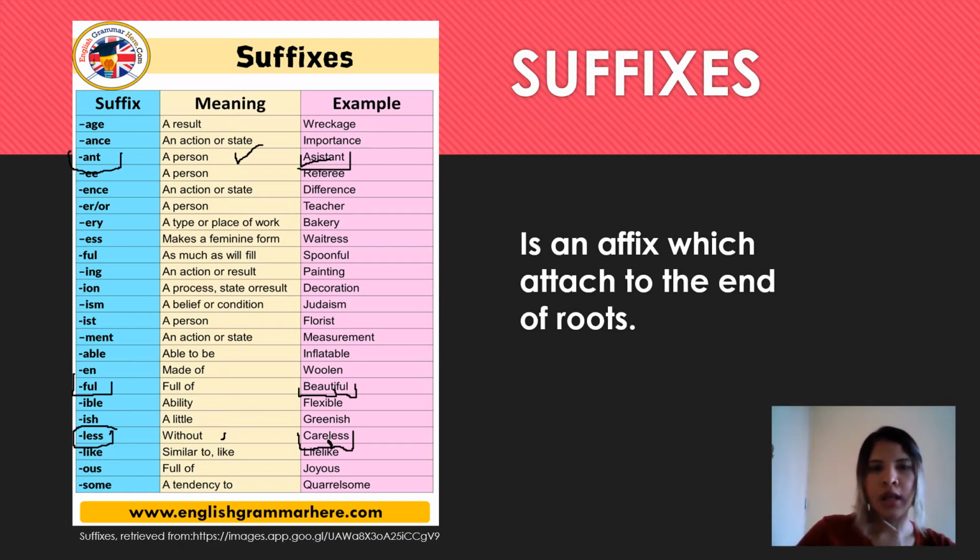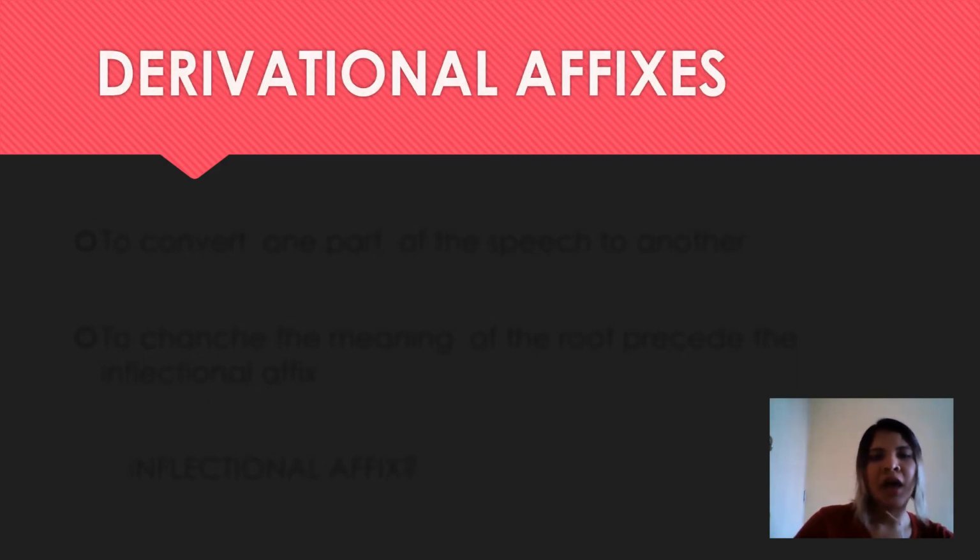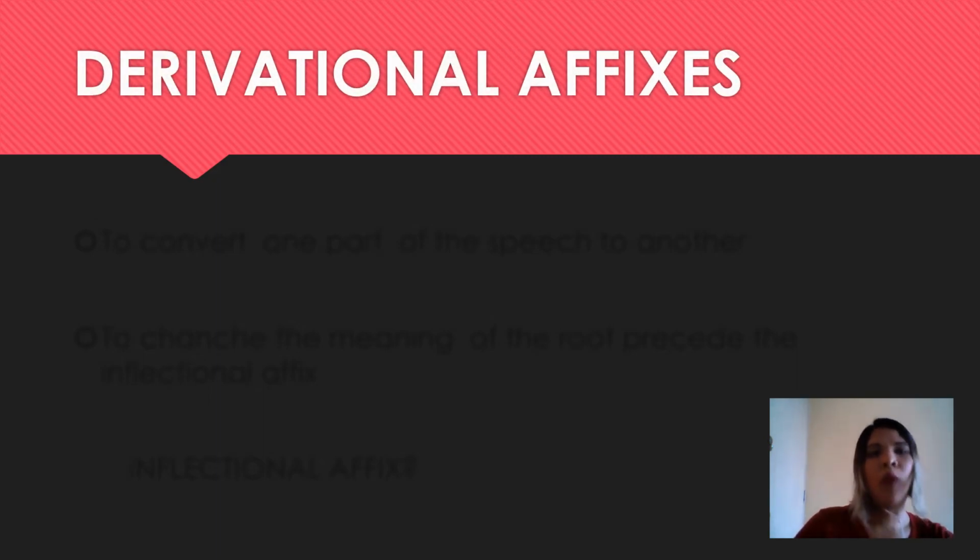So let's verify the functions of these derivational affixes. Derivational affixes have two functions. One is to convert one part of speech to another, like we already saw, and the other is to change the meaning of the word, of the root in this case, and they precede the inflectional affix.